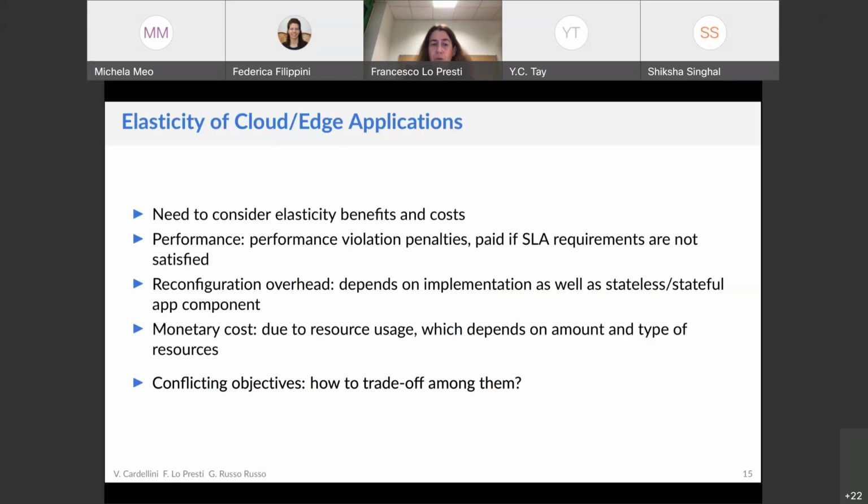When you scale out, for example, you have to consider also a cost that you pay because of the reconfiguration of a replica.